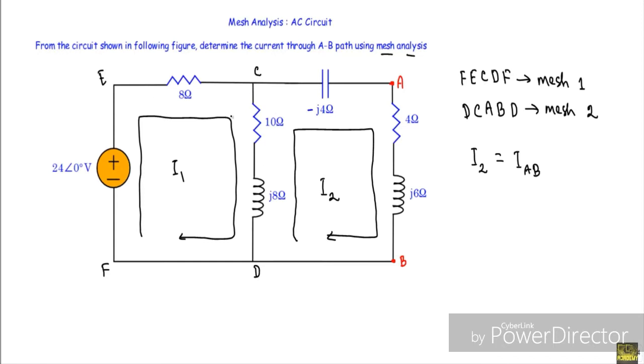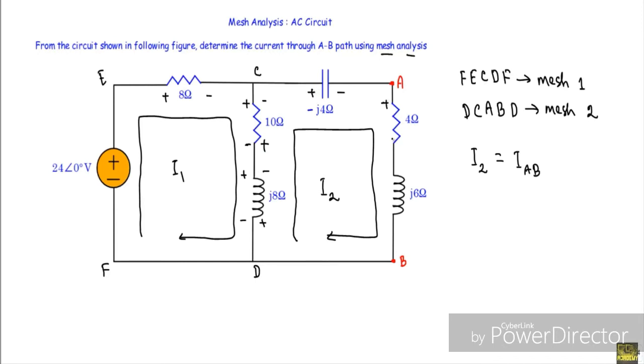After assigning the loop currents, we will assign the polarities across the elements. The polarity of the elements depends on the direction of loop currents. The direction from which current will be entering will be positive, and the direction from which current will be leaving will be negative.